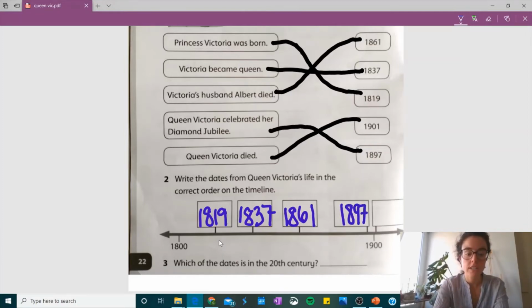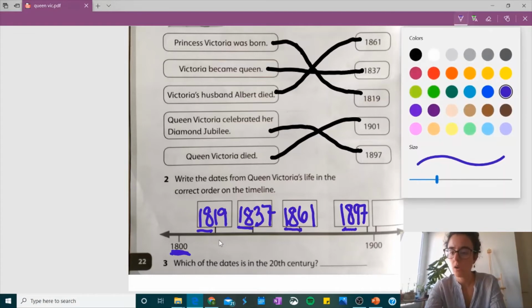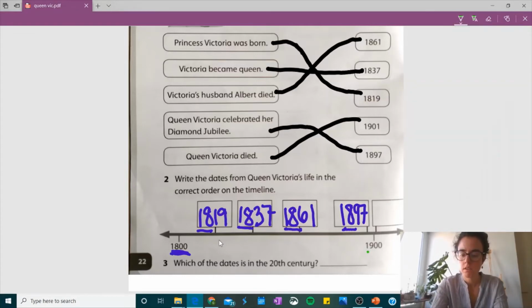So you see all of these years are in the 1800s. So we have 1819, 1837, 1861, 1897. But now we are in the 1900s. And there's one event that happens in the 1900s. What year is that?